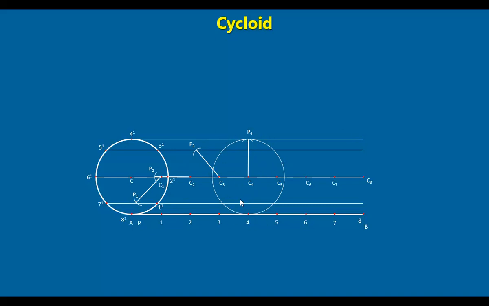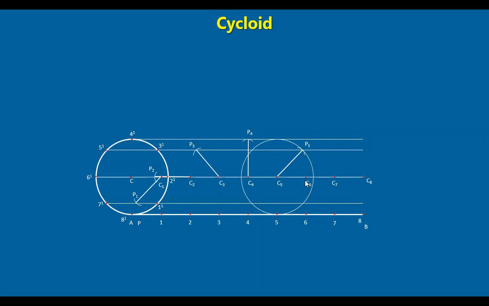Now it moves slowly towards the right side, and when C4 comes to the C5 position, the point P comes down to this height. So it occupies this height here. Draw an arc and mark P5.